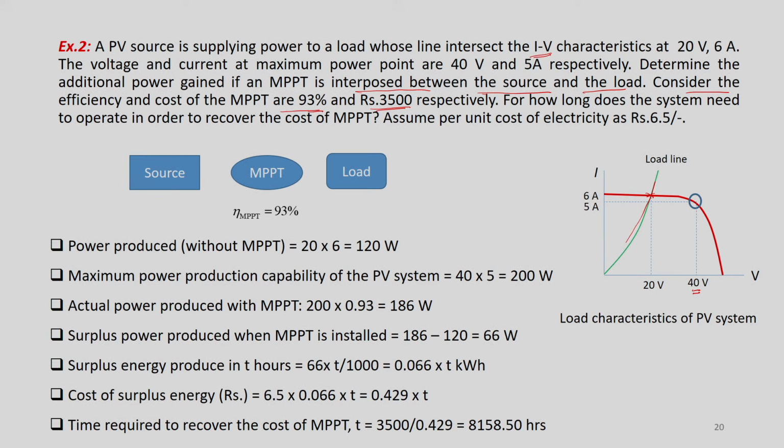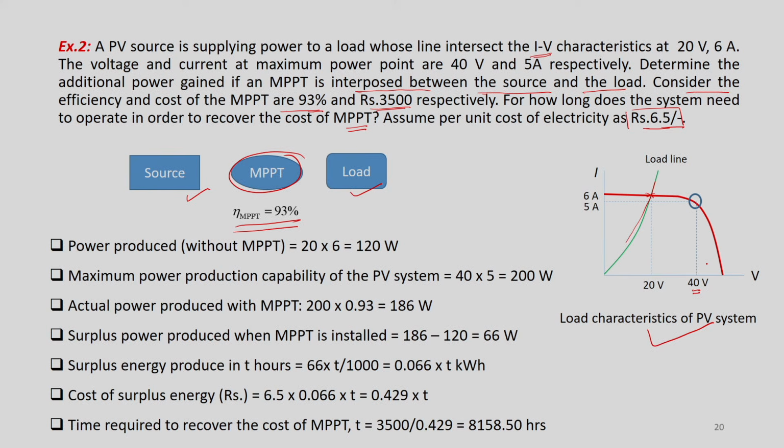We also need to calculate how long the system needs to operate in order to recover the cost of the MPPT. The electricity cost per unit of rupees 6.5 needs to be considered. The configuration is the source, the load, and in between the MPPT having efficiency 93%. Load characteristics are given here. All the values are given.